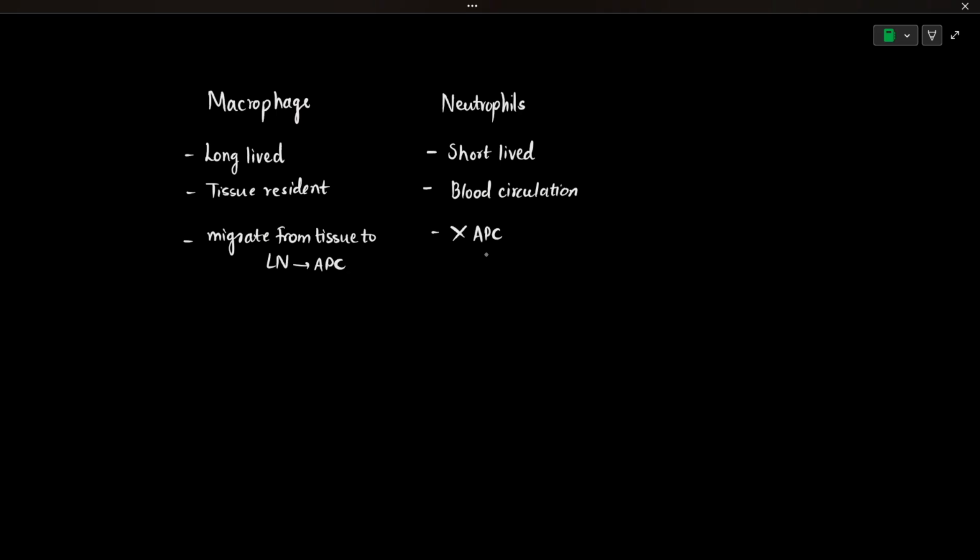Neutrophils do diapedesis, meaning the movement from the blood vessels without rupturing those blood vessels to the interstitial tissue. So they are going to go there and do their job. They are going to phagocytose the pathogen, but they do not migrate from this tissue to the lymph node for antigen presentation or for the activation of T cells. So this is not the job of the neutrophils. This is only seen in macrophages.